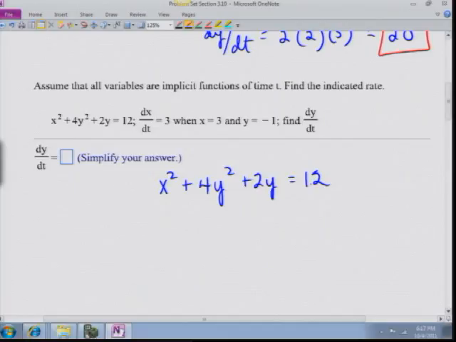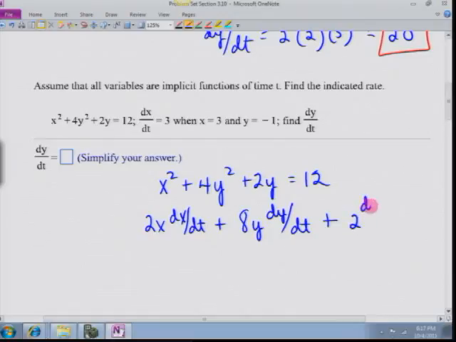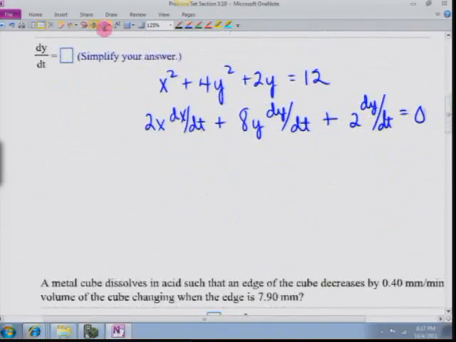All right, if we take the derivative, what do we get here? Plus good, equals 0. And that's important. You got to have that equals 0 there. Okay?